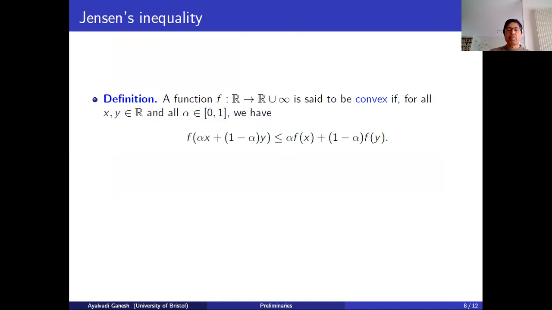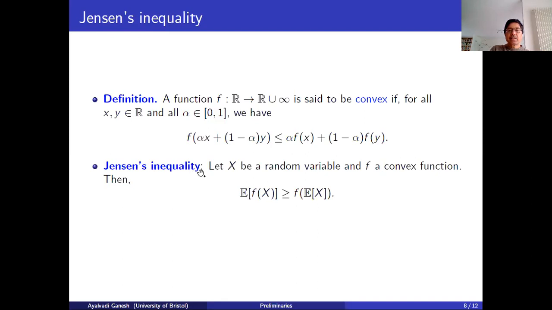Okay, so that's the formal definition, and I hope that's clear both as a formal definition and as a picture in your mind. Okay, so that's the definition of a convex function. And then Jensen's inequality says that if x is any random variable and f is a convex function, then the mean of f of x is at least as big as f evaluated at the mean of x.